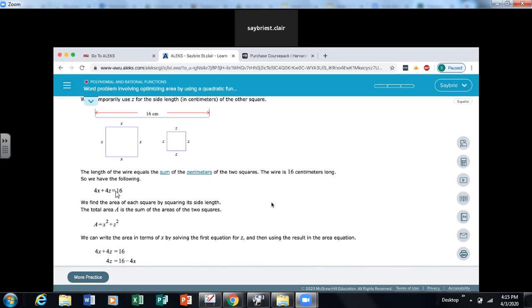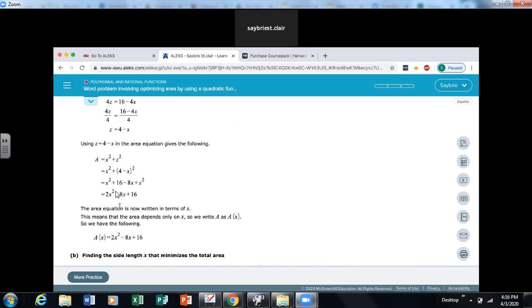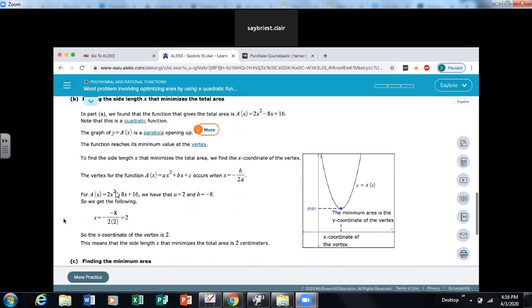Okay, you go down a little bit. And then right there. Okay, I see. And then going down to B, looks like they did the vertex, and then they plug that in.